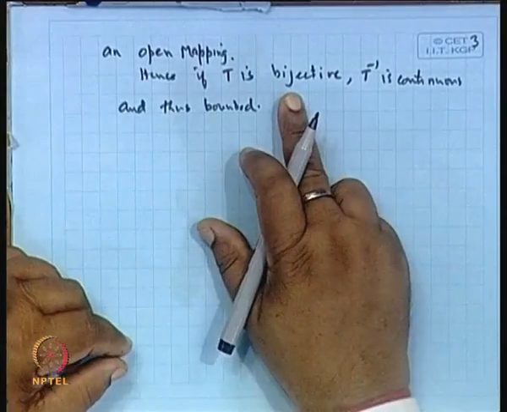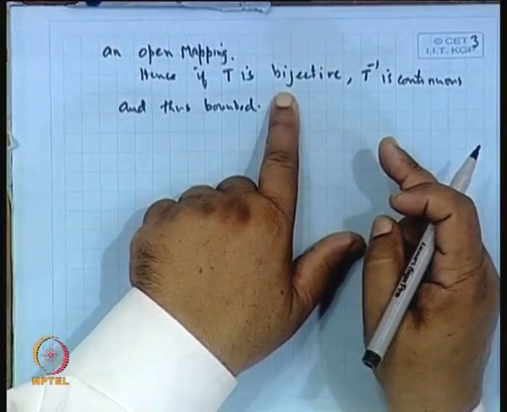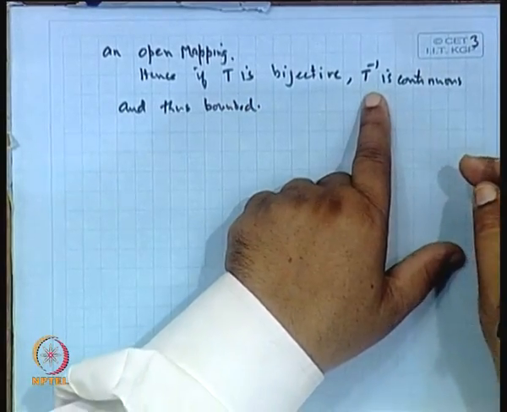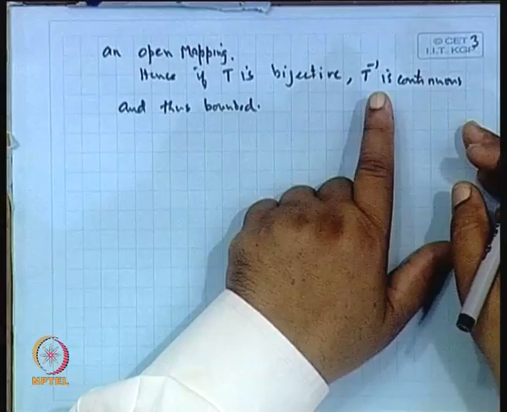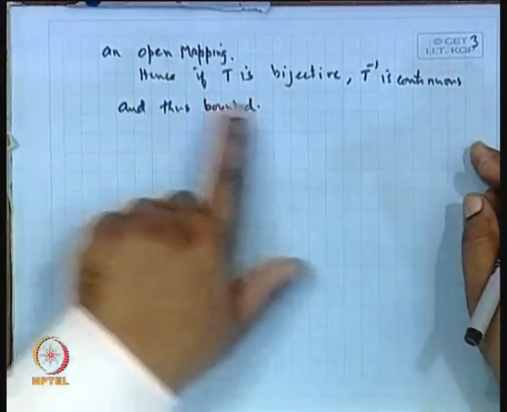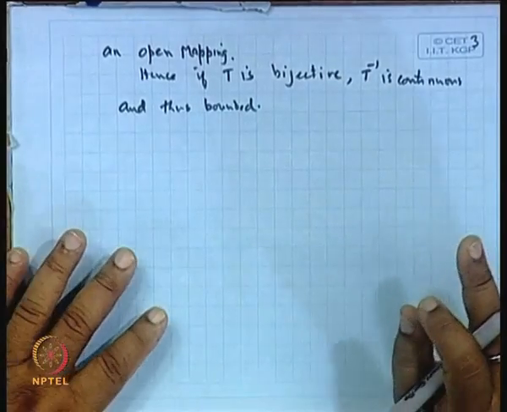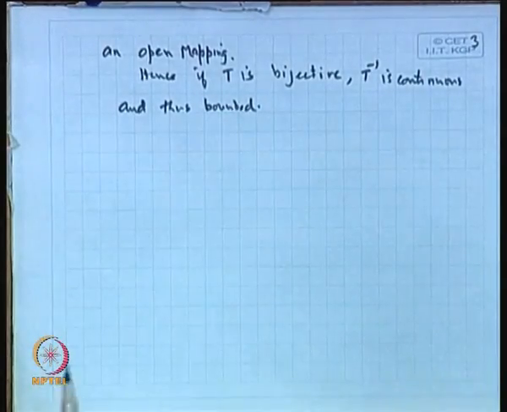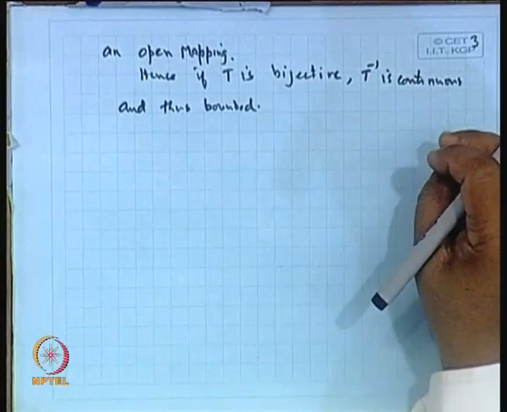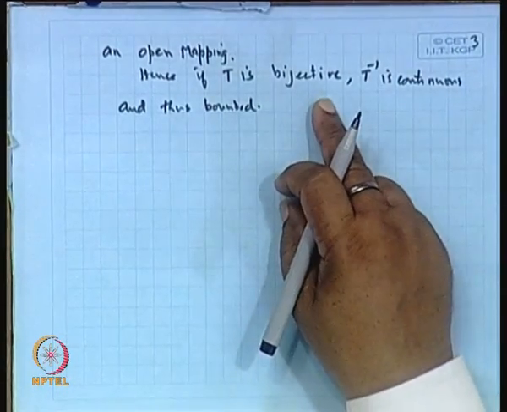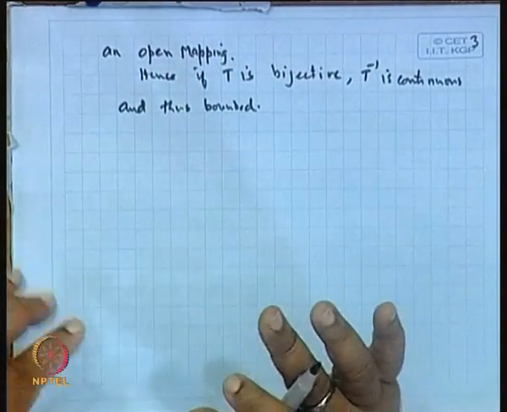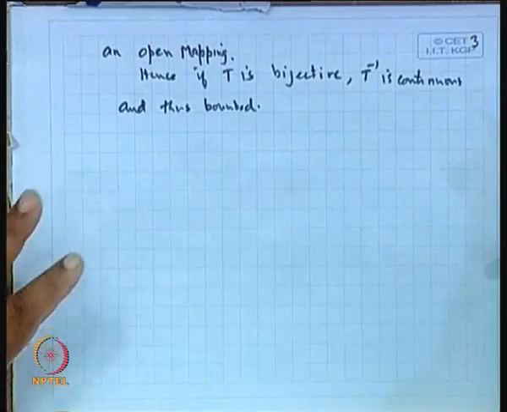So, if we put an extra condition that T is 1-1, bijective meaning 1-1 and onto, then one can easily show that T inverse exists, and it will remain continuous and bounded, and this statement will give you the bounded inverse theorem. So, the bounded inverse theorem says that if a bounded linear operator T from a Banach space onto a Banach space is a bijective mapping, then the inverse operator will also be bounded. That is what the bounded inverse theorem says.